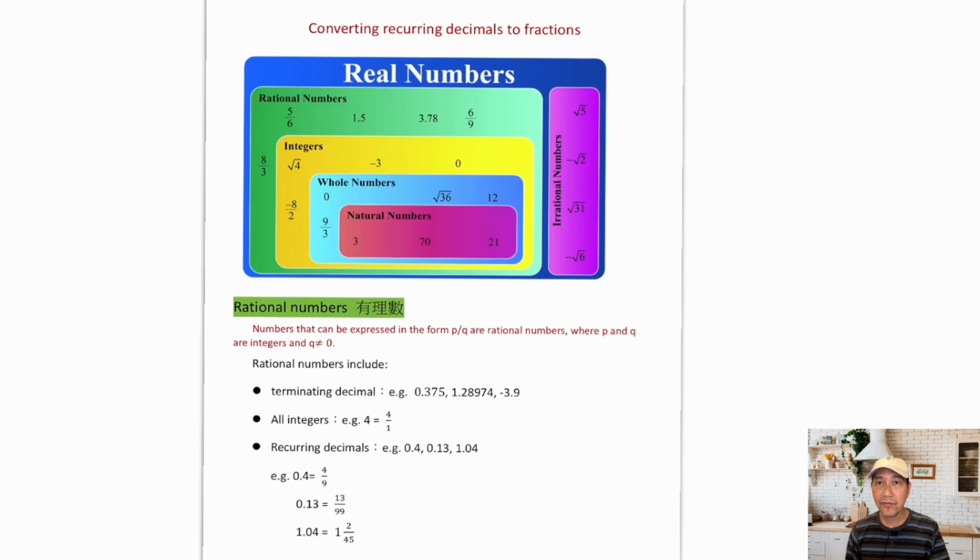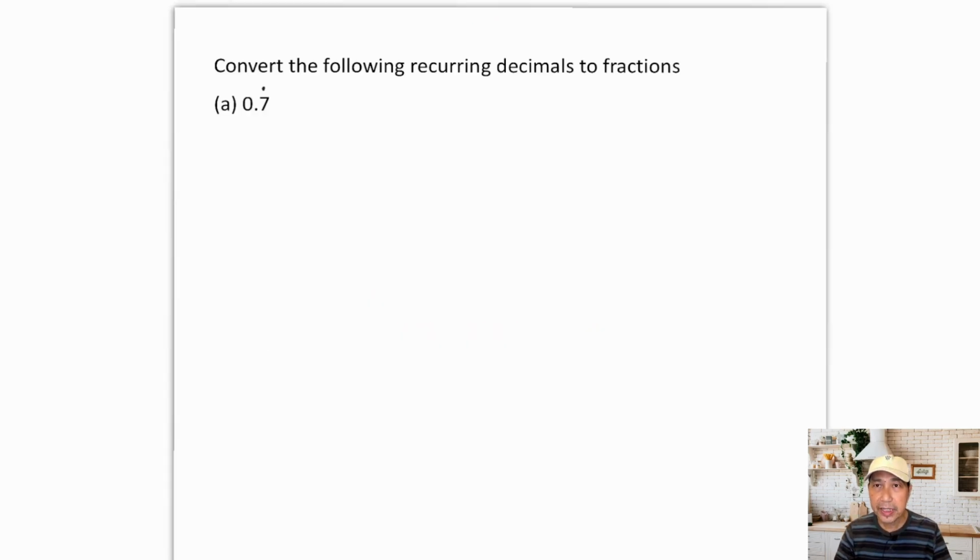By the end of this episode, we will discover a quicker method for this kind of conversion. I've prepared 3 examples for demonstration, and we'll use the elimination method to solve simultaneous equations.